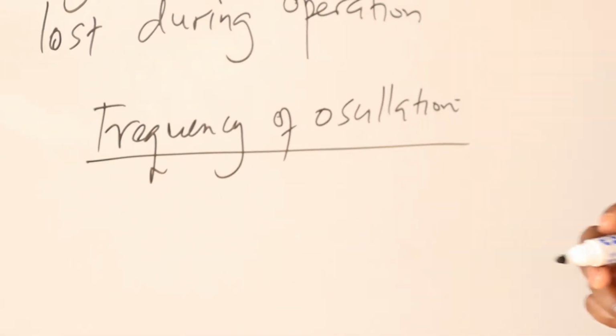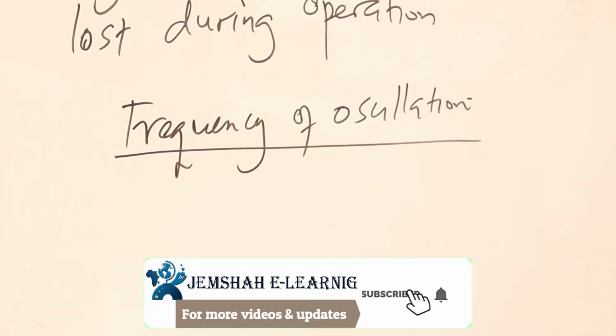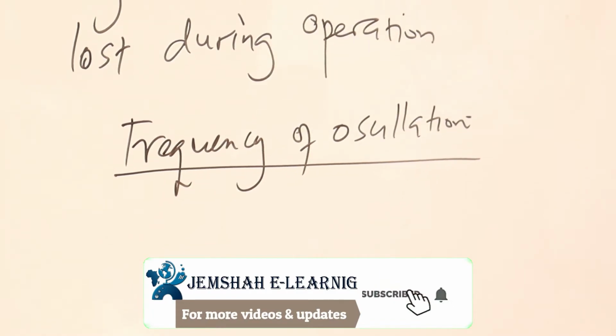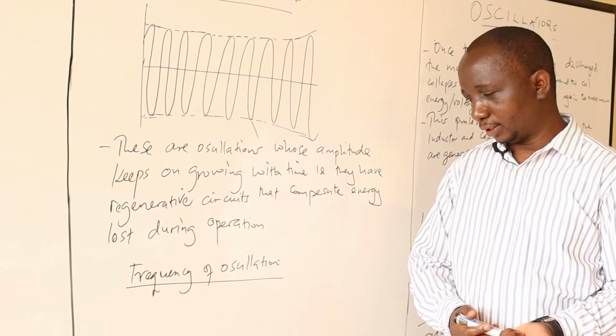From the circuit that we have seen, the frequency of oscillation is determined by two factors: the inductance of the inductor and the capacitance of the capacitor.